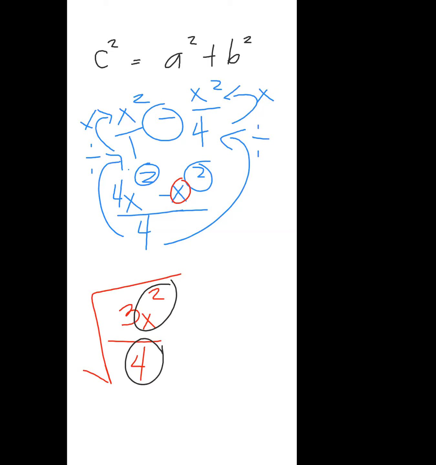Ang natira sa radical sign ay 3. Okay? And then ang value ng ating x squared, kapag kinuha mo yung square root of x squared, cancel ang square root at yung ating exponent na 2, so the answer is x. And kapag kinuha natin yung square root of 4, that is equal to 2. Kaya, ang ating answer dyan is square root of 3 and then x over 2.